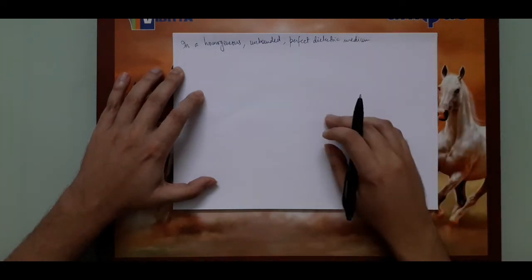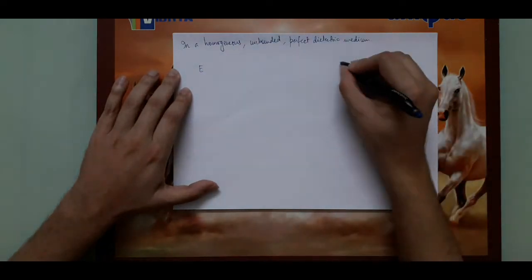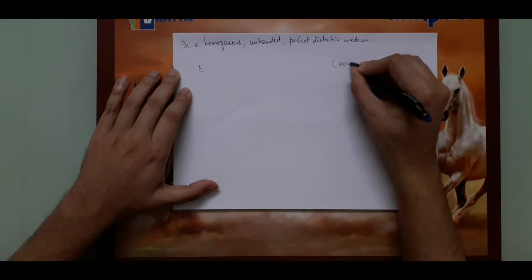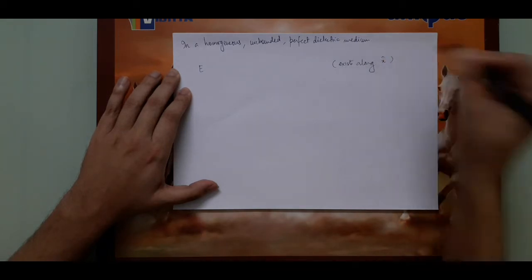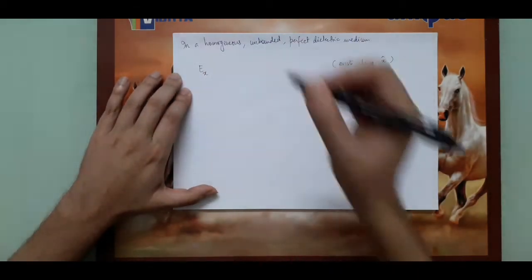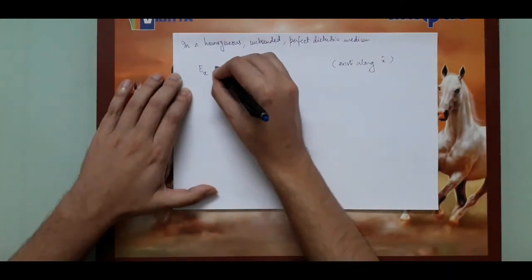We saw that as a special case, the electric field, let us say, exists along the x-axis. So that's why we called that field Ex, and its magnitude varies in this format.